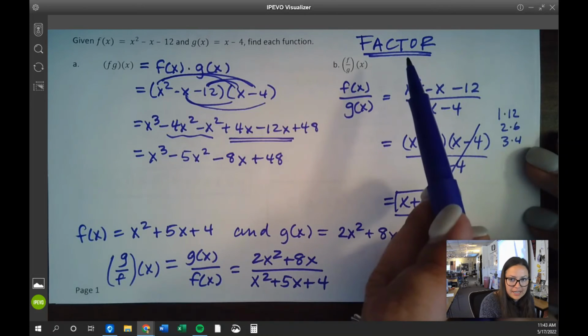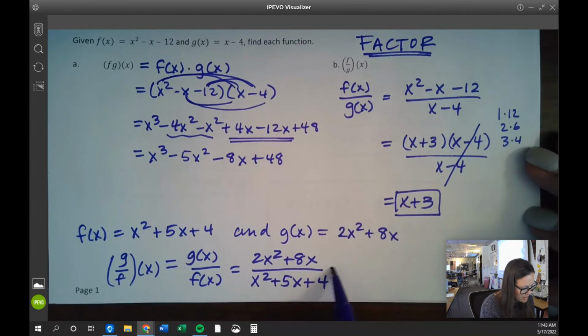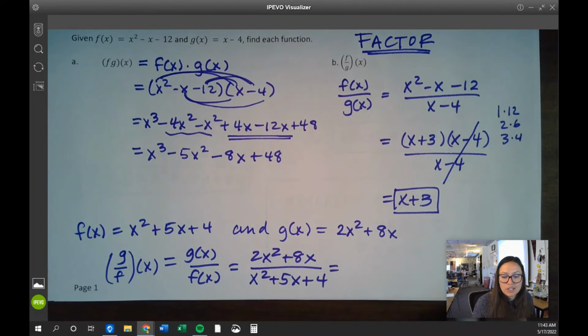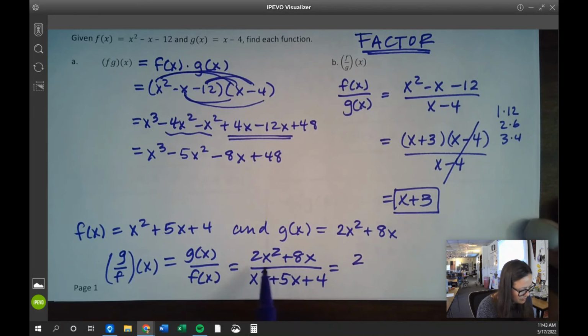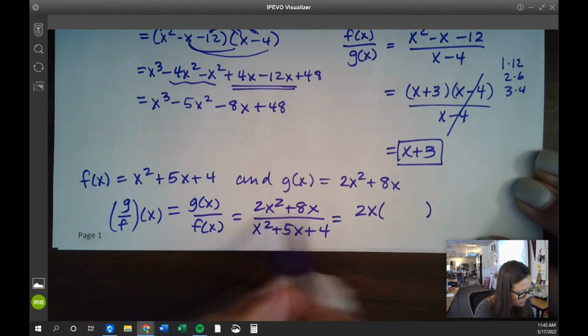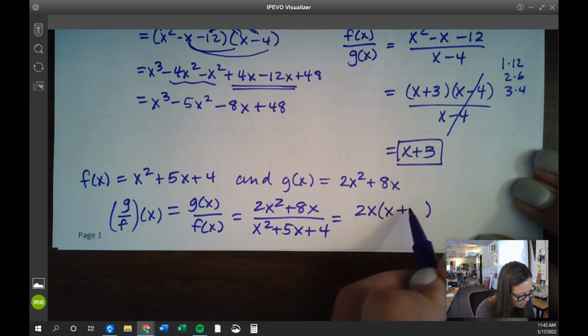The rule here is that we factor whatever we can. The top I can factor because whenever you factor, the first thing you should look for is a common factor. What do they have in common? 2 and 8 are both divisible by 2, and both terms also have an x. If I take 2x out, I'm left with x plus 4.